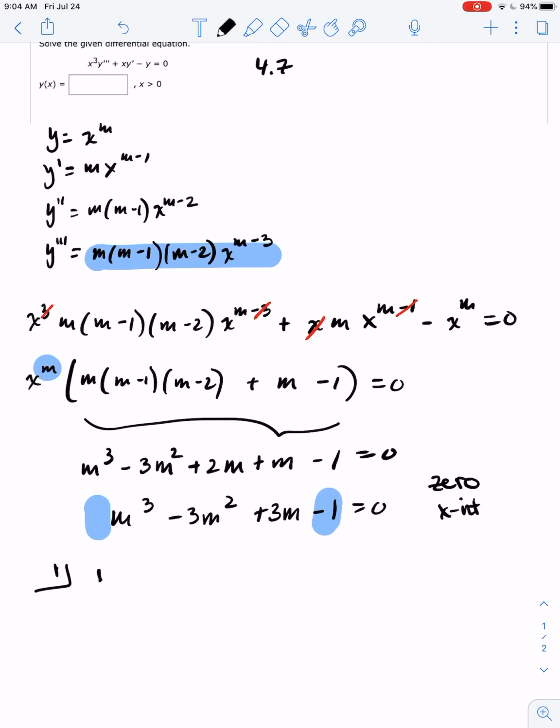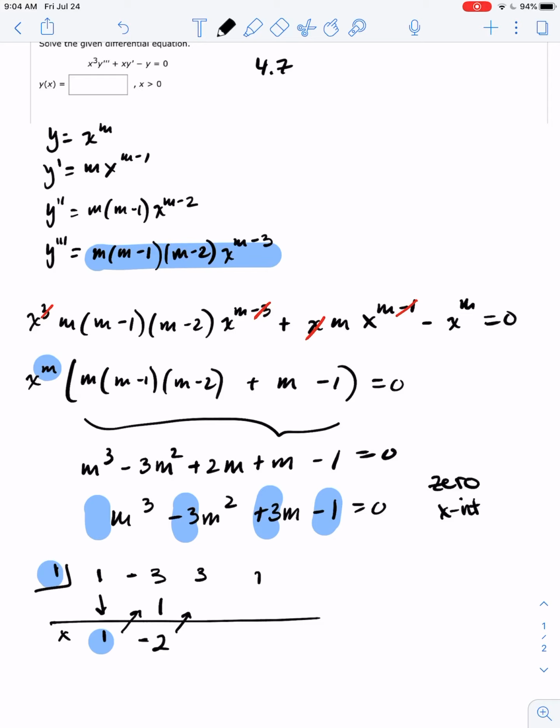So if you notice all the coefficients for synthetic, I mean, you could do long division, I just find this to be quicker. And the way it works is the first one always comes down, you multiply 1 times 1, and then this goes up here, and then you add, and then you repeat that process.